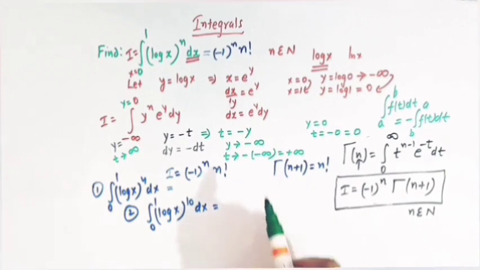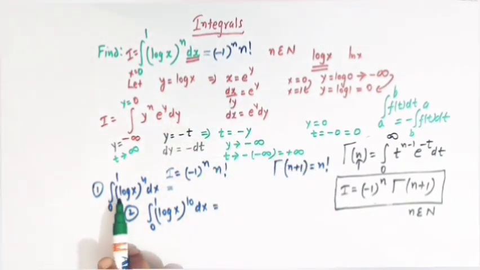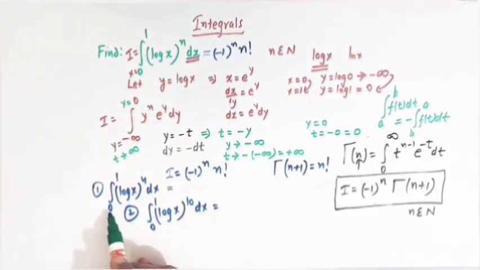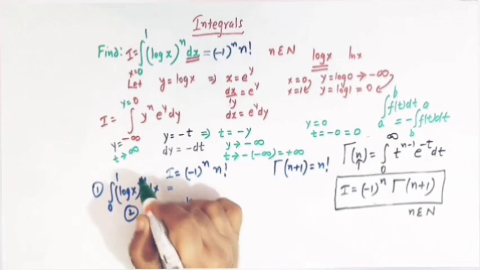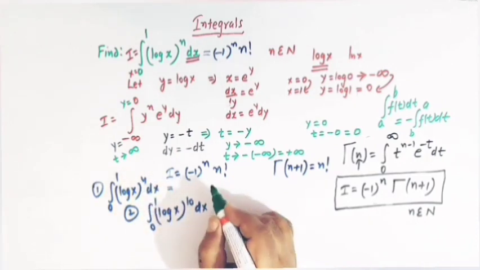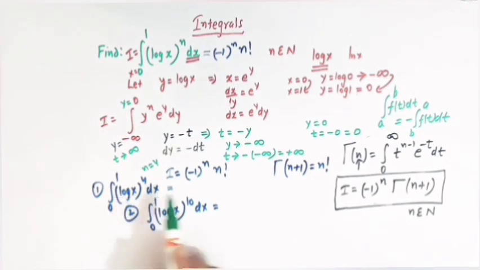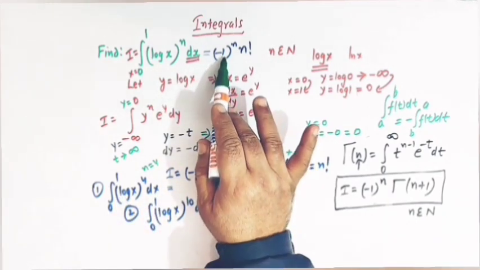So now let us quickly find out the values of these two integrals with the help of this result, right? So in this problem we have 0 to 1 log x raised to 4, and 4 is a natural number, right? So the value of n is 4. So the value of this integral can be written with the help of this result.